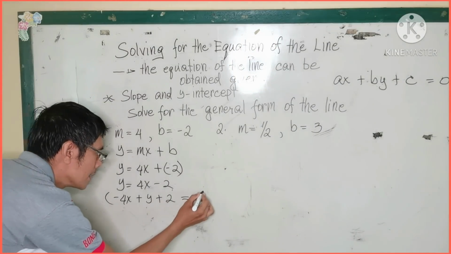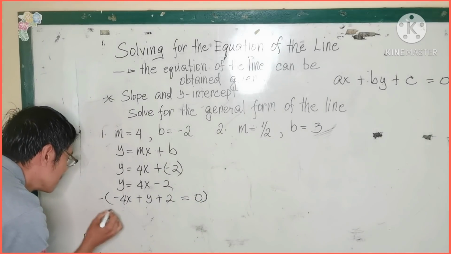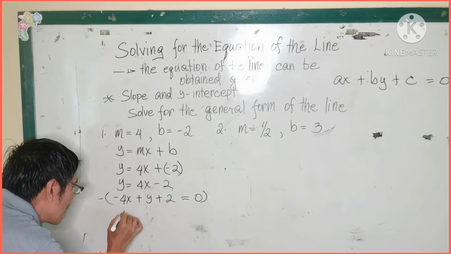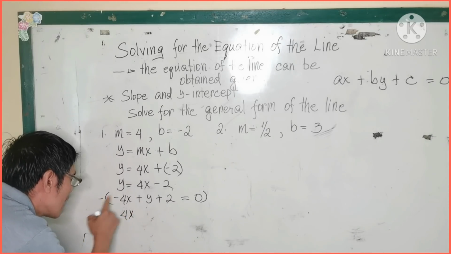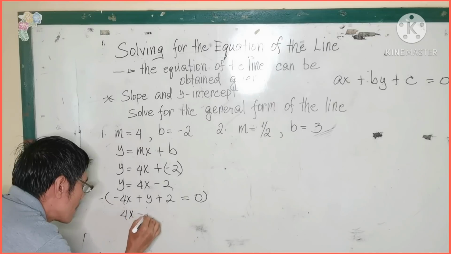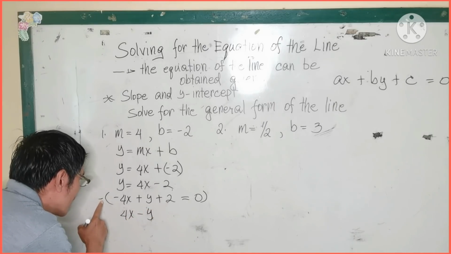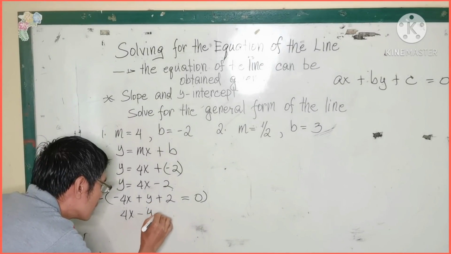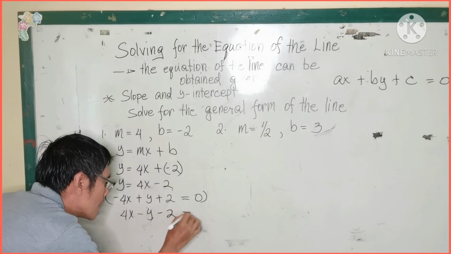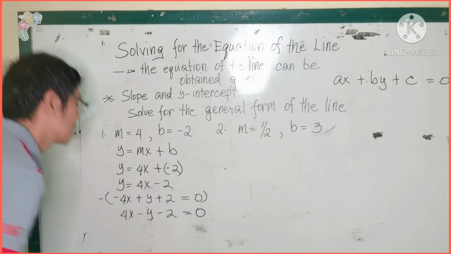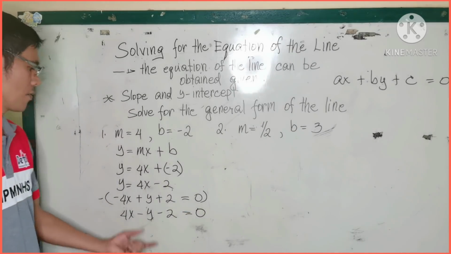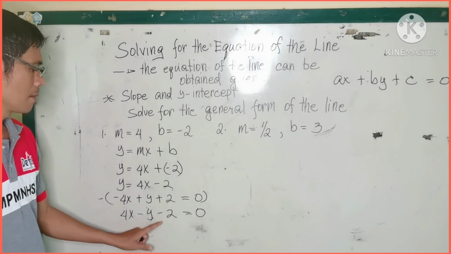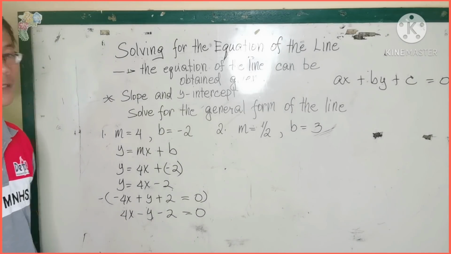Negative times negative 4x, we have 4x, negative times positive y, negative y, then negative times positive 2, we have negative 2, which is equal to 0. So the final answer is 4x minus y minus 2 equals 0.